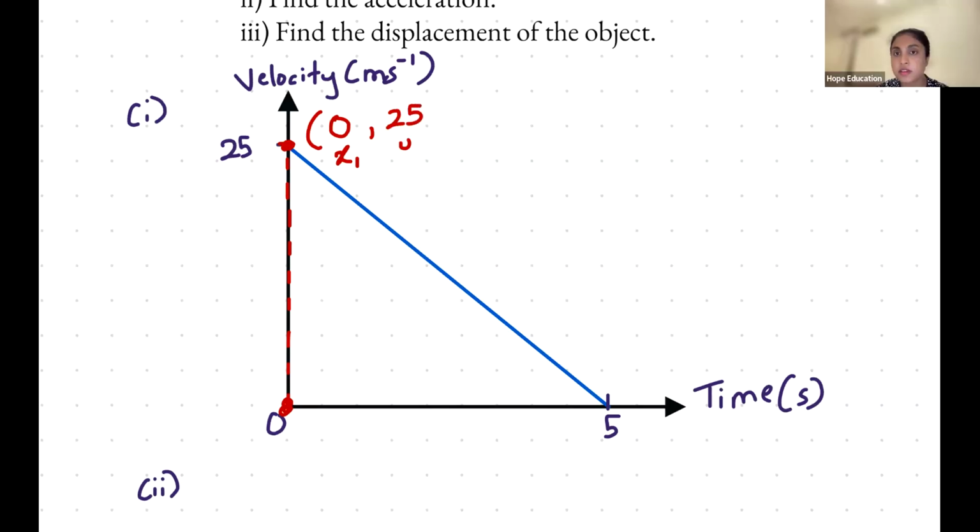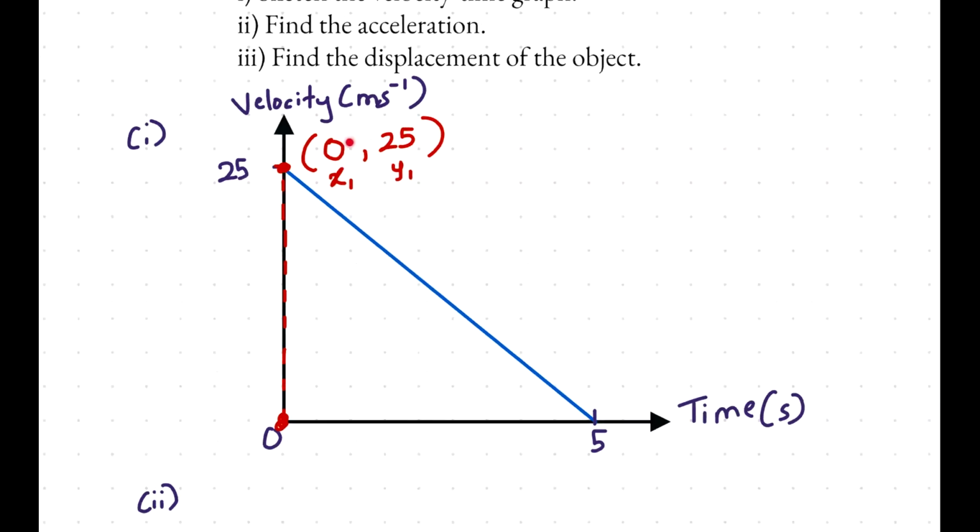I took x1 as 0 because I thought that x1 will always be 0, because you subtract from something bigger to a smaller number.